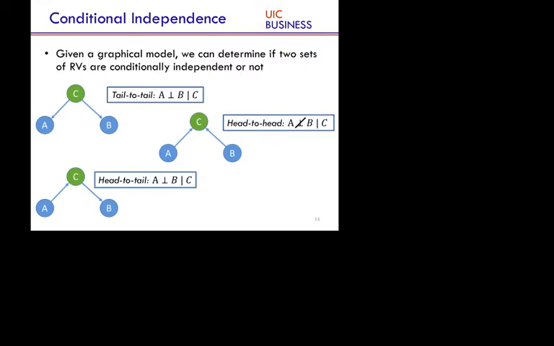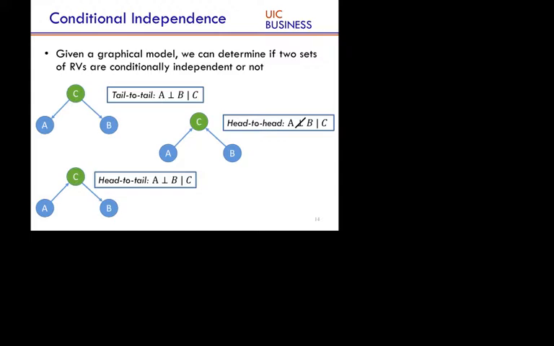Now, if you forget the joint distribution and just look at the graph, we can talk about independences that we can read off from this graph. What do I mean by that? Given a graphical model, we can determine whether two random variables, or two sets of random variables, are conditionally independent or not.